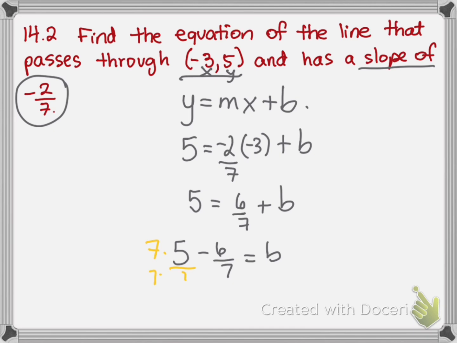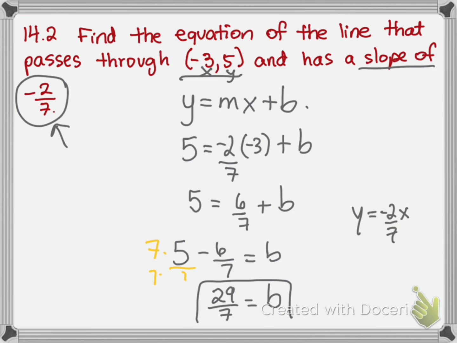And 35 minus 6 is 29, positive 29/7. So again, remember, once we have the b and the m was given, then we just have to write the equation, which is the m, negative 2/7, x plus 29/7.